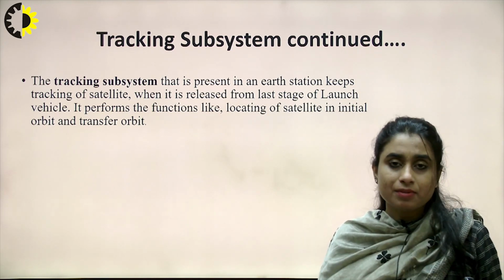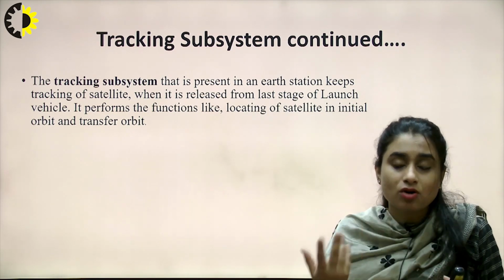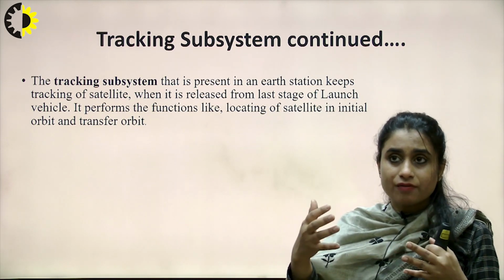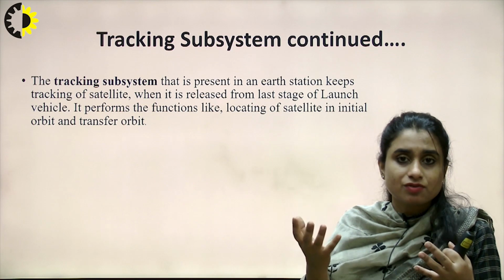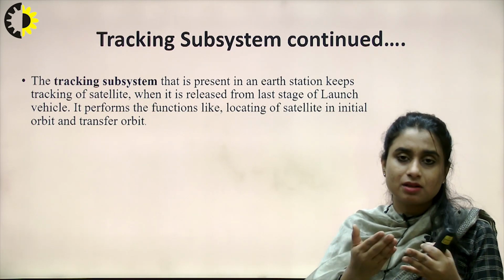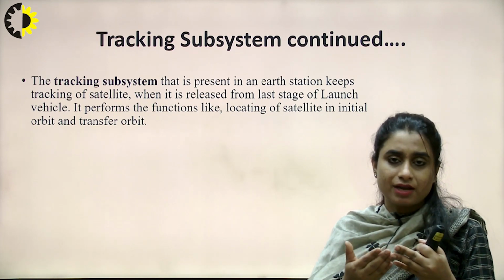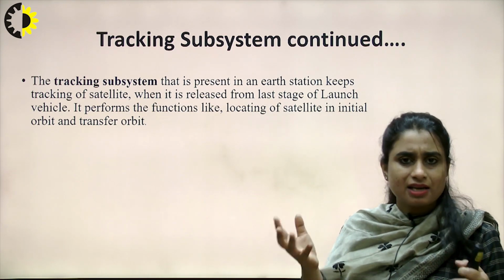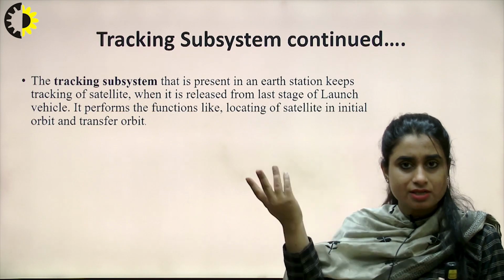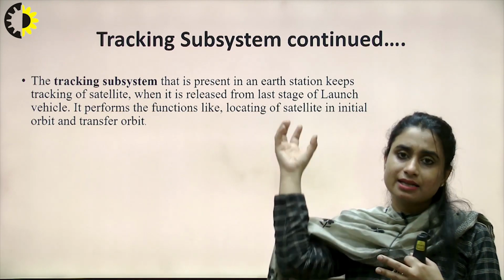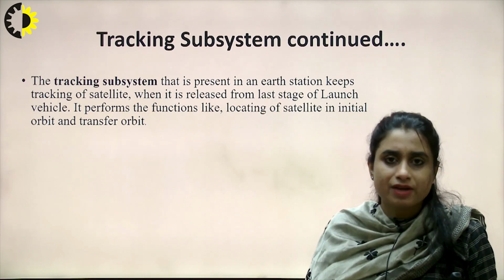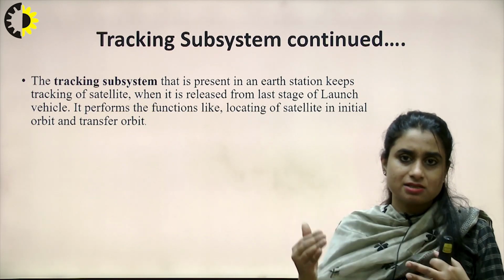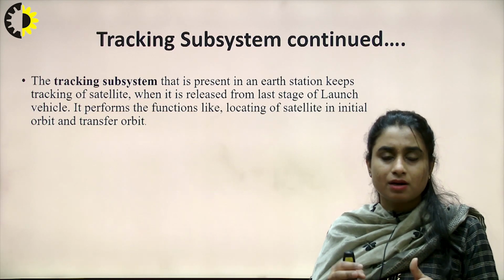orbit. If we remember how satellites are launched into space, initially we use slow orbit raising, or we use GTO, geostationary transfer orbits, like the example of geostationary satellites we have seen. There are various ways by which we can launch a satellite into space. They are never directly launched into their exact orbit; there are stages in between, right?